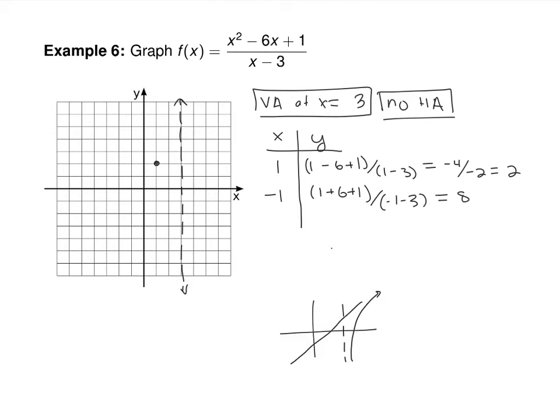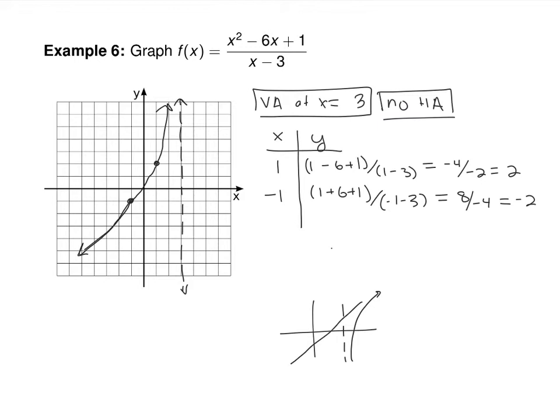So that's 8 over -4 or -2. I would have plugged in 2 instead. Oh, it's totally up to you. And so this function's going to do something like this. It'll keep going down forever and ever. Because it doesn't have any kind of horizontal asymptote.